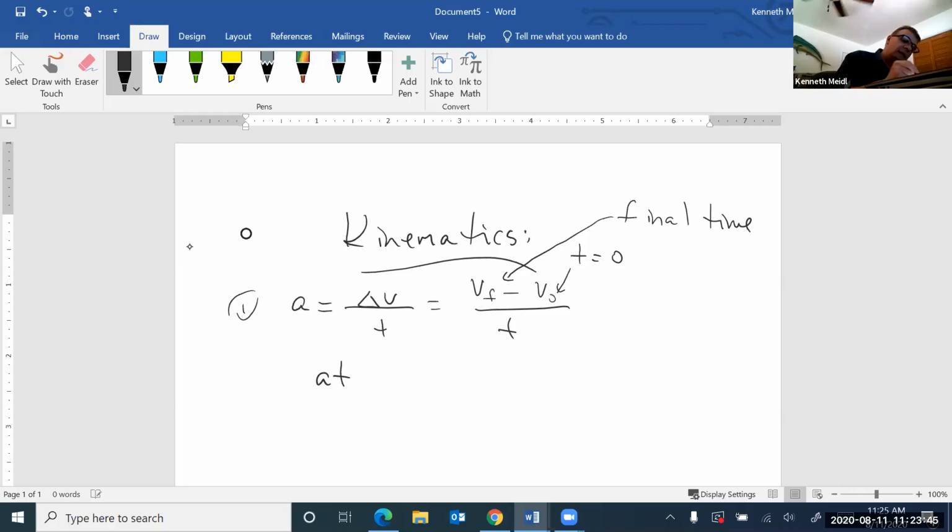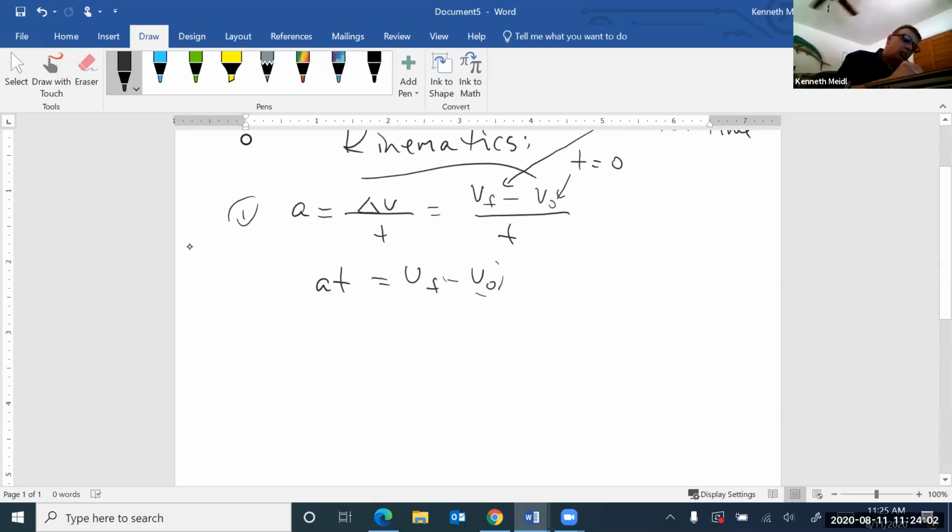And I have a times t here, and on the other side I would have my change in velocities. Then I'm going to take this initial velocity, which is being subtracted on this side of the equation, put it on the other side of the equation, and just rewrite the whole thing this way.